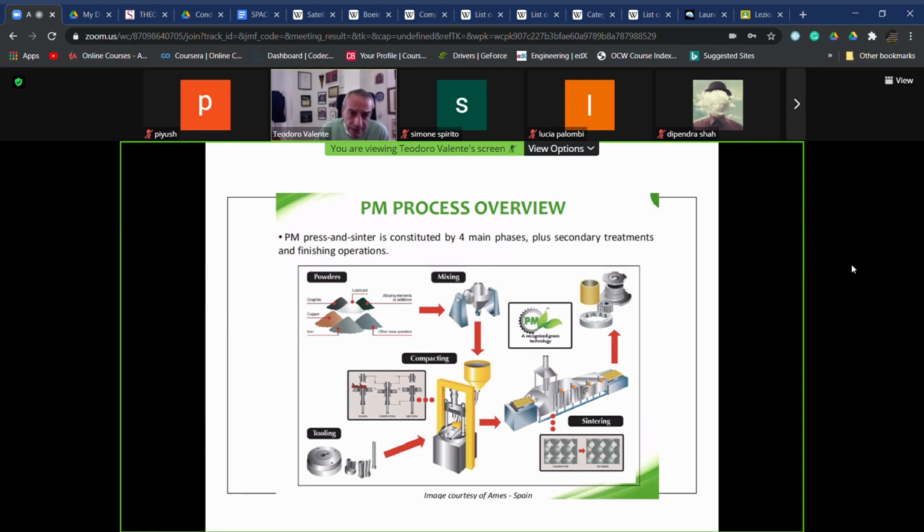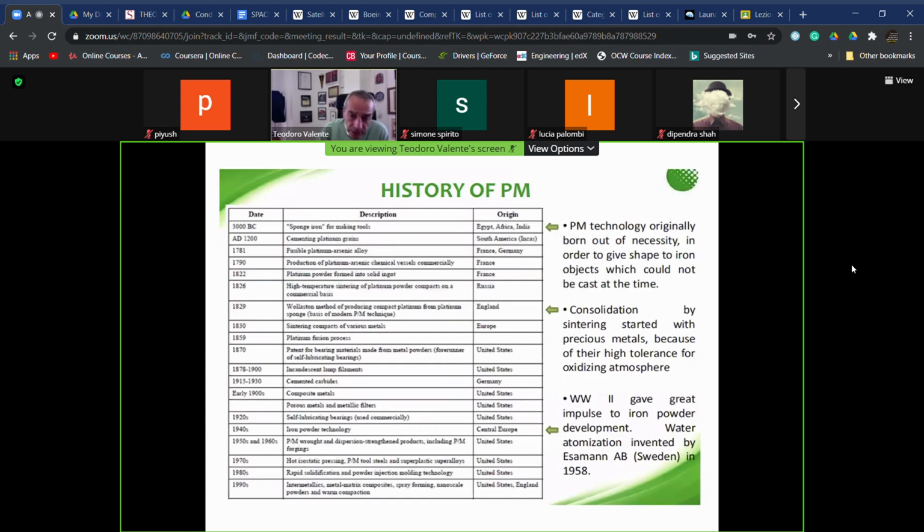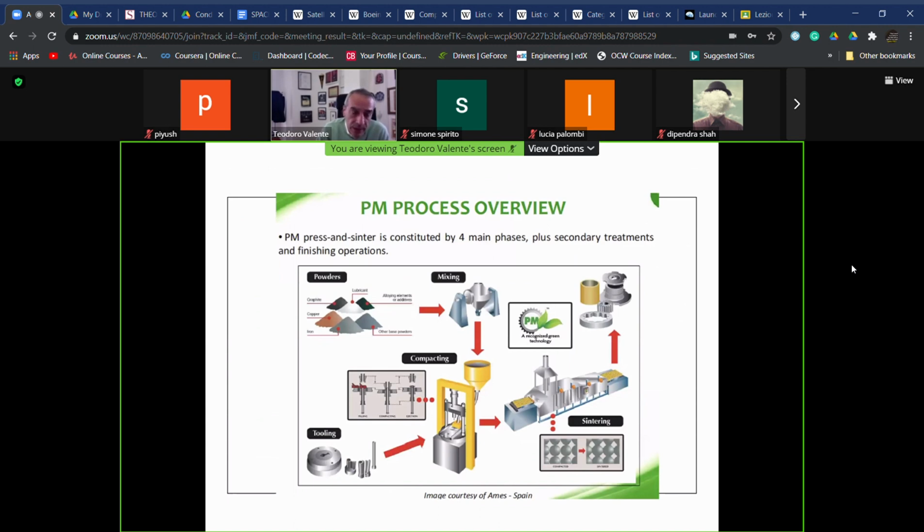We can put inside the step of powder production the possibility to use mechanical milling or mechanical alloying, or, like mentioned here, a water atomization or a spray atomization process. Or we can also think that these technologies I mentioned to you are representative of what is called here mixing, and these are the initial starting powders, just the same.